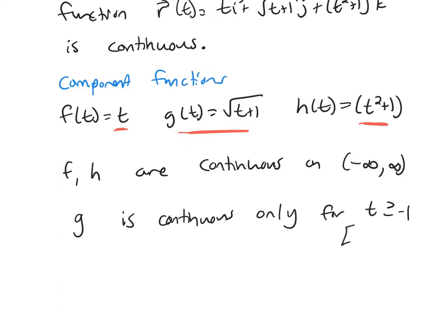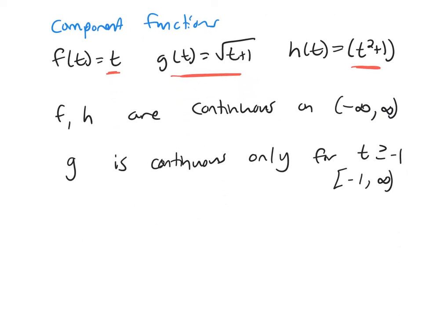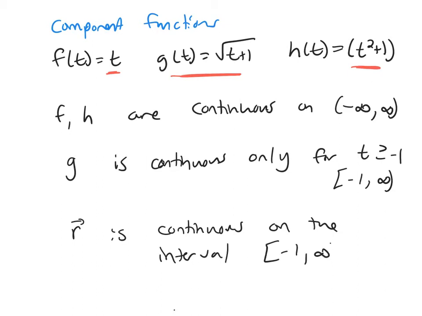You could also write that as an interval, -1 to infinity. And so if you put these two pieces of information together, we get that r is continuous on the interval -1 to infinity.